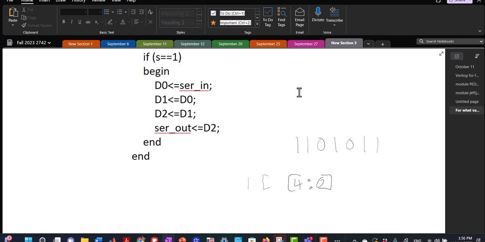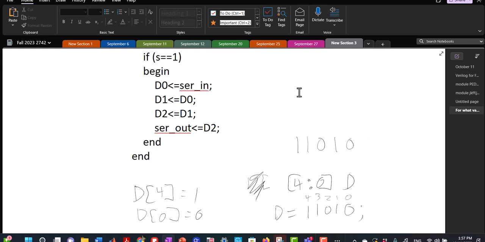So 4:0 D. Then if I said at some point that D equals 11010, then this tells me that D4 is 1 and D0 is 0. It's saying this is 4, 3, 2, 1, 0.